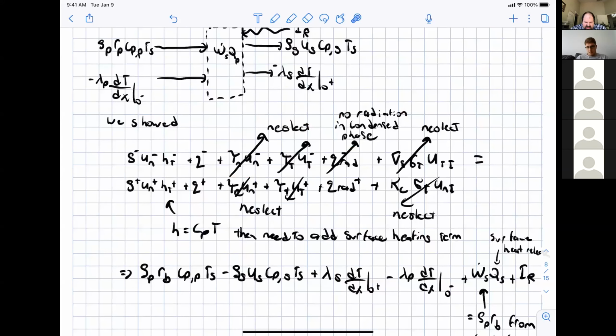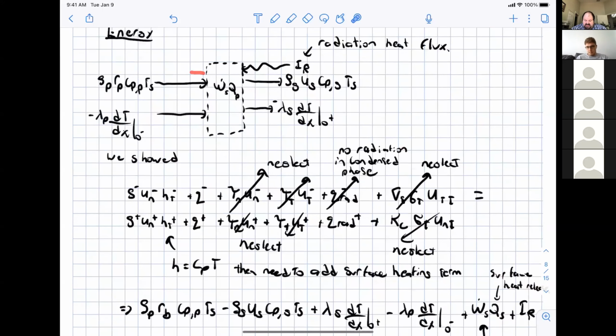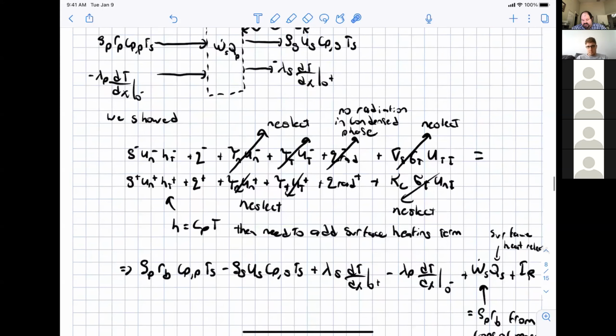So we're assuming that the condensed phase is very optically thick, meaning that thermal radiation cannot penetrate inside of the propellant, which may or may not be a good assumption, but we're going to assume it anyways. And also, even if it's a liquid, we are going to be neglecting any of the surface tension effects.